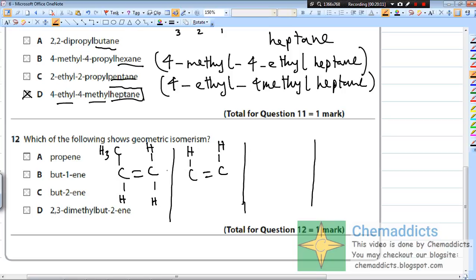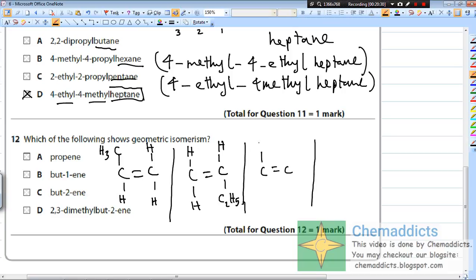Then let us look out for but-1-ene. The structure of but-1-ene looks like this: C2H5. Then let us look out for but-2-ene.